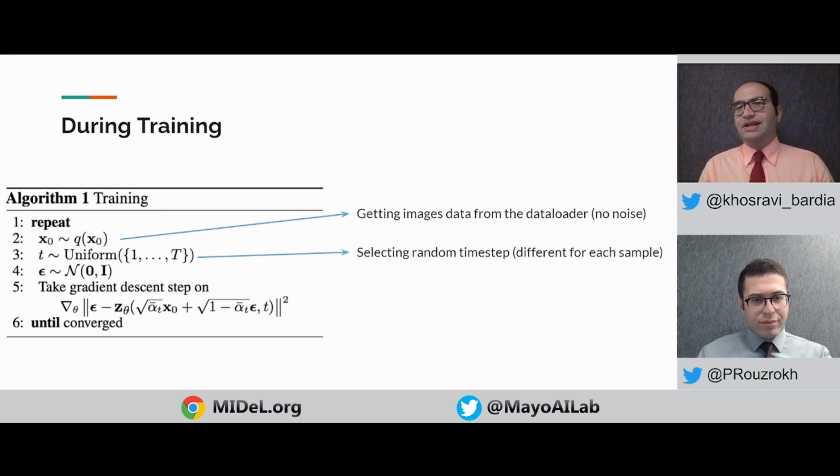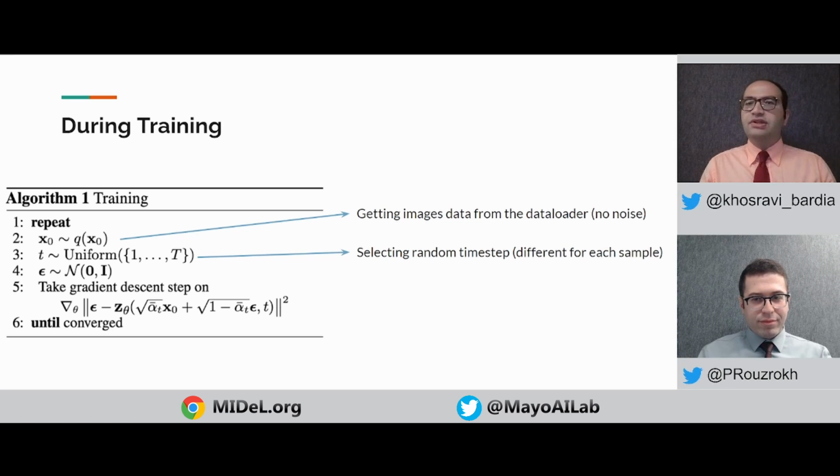So, for example, if you have a batch of 5, you'll get 5 t's. So your network will simultaneously be learning how to denoise step 1, step 100, step 432, and something like that. So it's essentially conditioning very closely on the t, which is how much noise you want to add to this image.